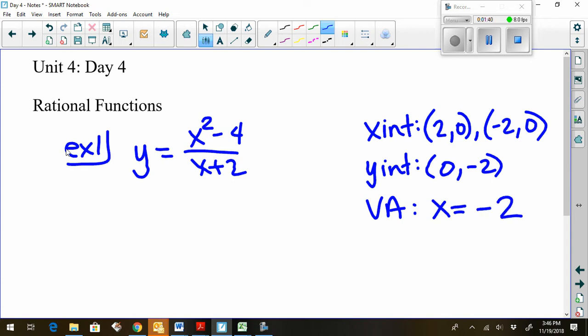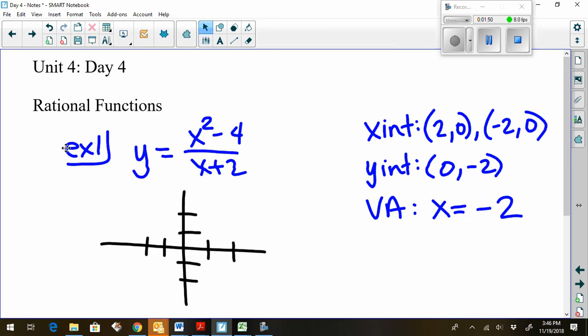Now if I were to sketch a graph of these first few characteristics, I get a point at (2, 0), and (-2, 0), and (0, -2) on the y-axis.